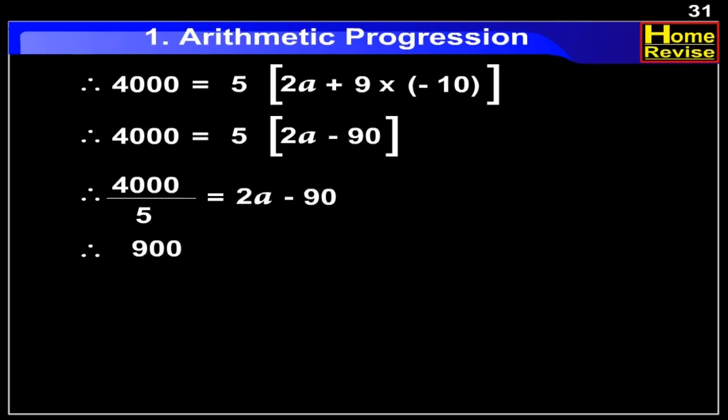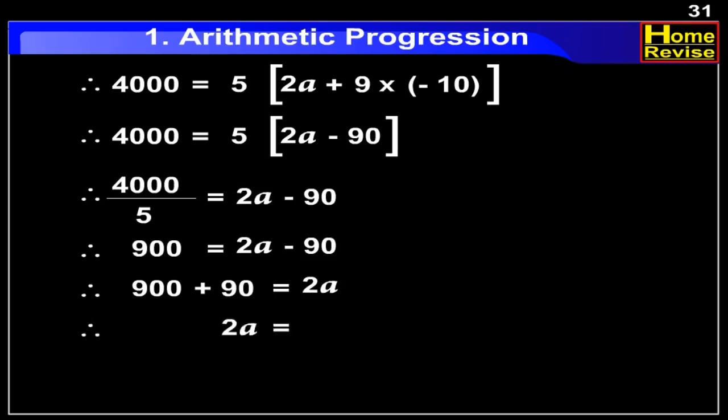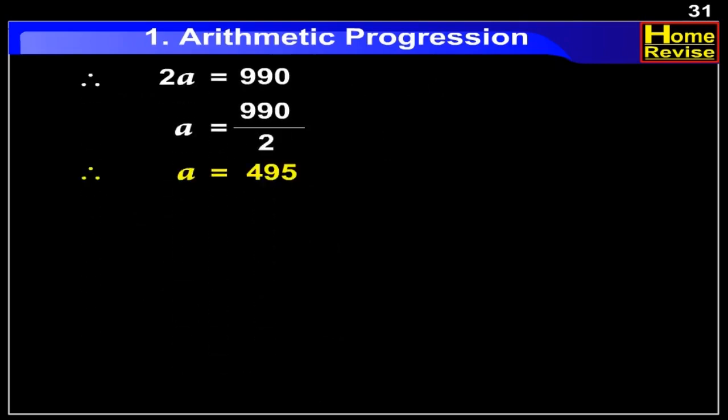Therefore, 900 is equal to 2a minus 90. Therefore, 900 plus 90 is equal to 2a. Therefore, 2a is equal to 990. a is equal to 990 divided by 2. Therefore, a is equal to 495.